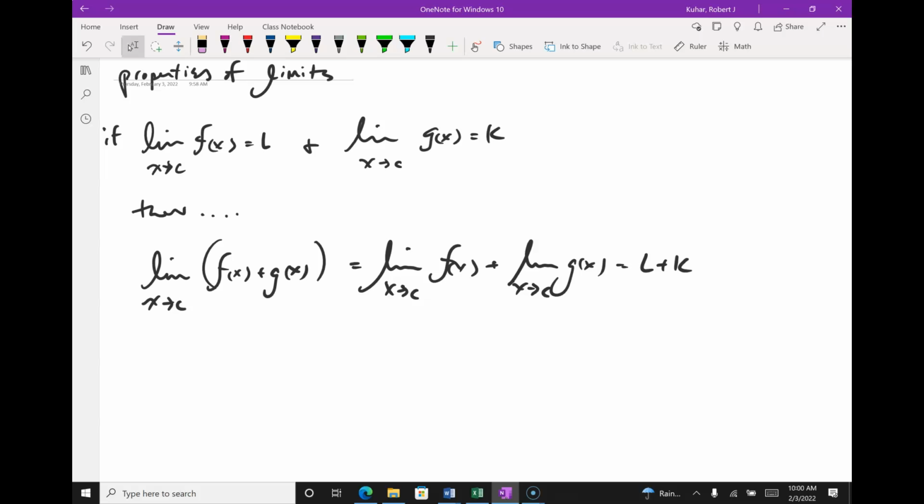So, the limit of a sum is the sum of the limits, right? Why is it obvious? What are we talking about with limits?